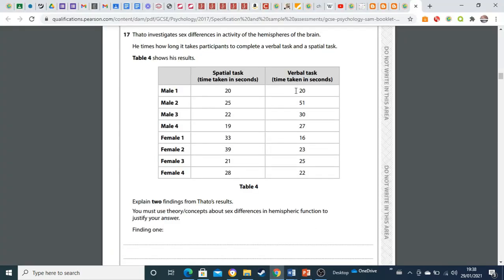Ah, yes, okay, so women are, so yeah, you would want to find the average, but basically once you'd found the averages, you could say something like, for example, males struggle more with the spatial task, possibly because the males would not use both hemispheres for spatial tasks, or males would not be able to cope with spatial tasks because males predominantly use the left hemisphere rather than the right, or the left hemisphere of a male is bigger than the right hemisphere of a female, or something along those lines.